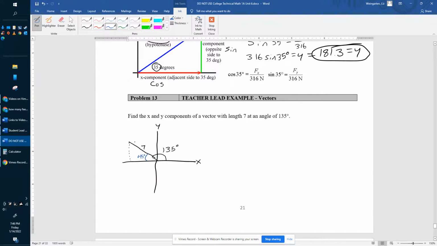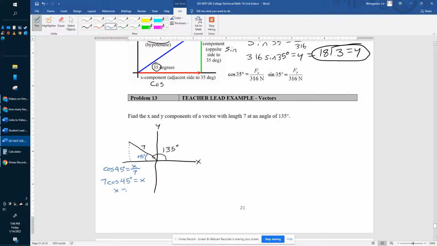Our hypotenuse is 7. So let's see what we can do. Cosine of 45 degrees equals x, our adjacent to the angle, over 7. 7 times cosine of 45 degrees equals x.